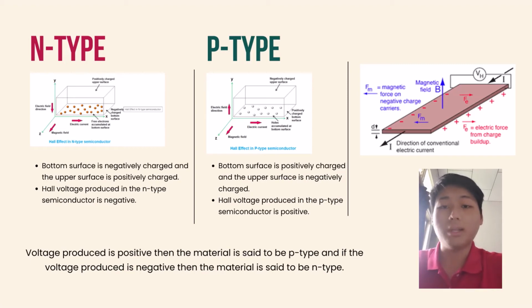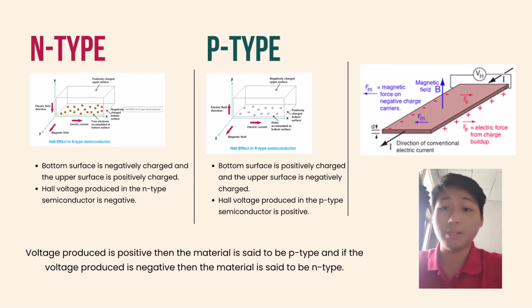For P-type semiconductor, it is the same. If a magnetic field is applied to a P-type semiconductor, the majority carriers, which are the holes, and the minority carriers, which are the free electrons, are pushed down towards the bottom surface. Free electrons are negligible, so holes mostly accumulate at the bottom surface.